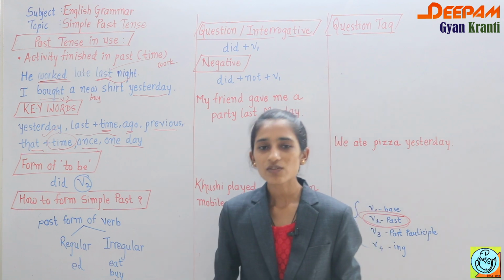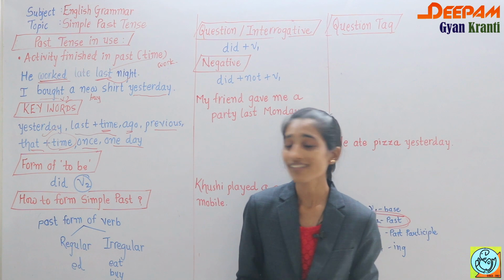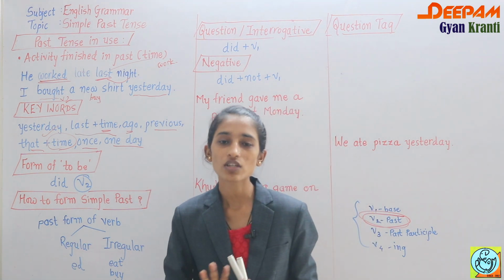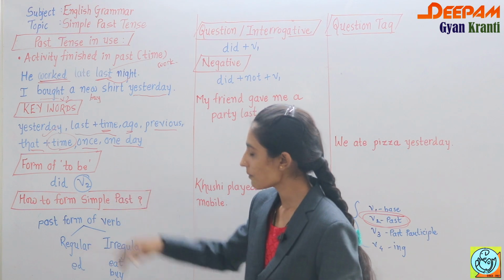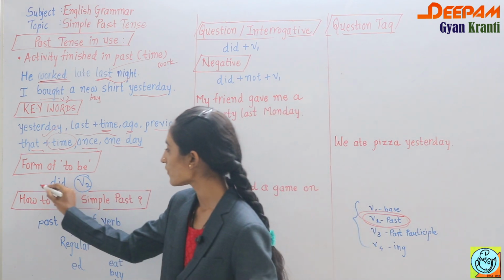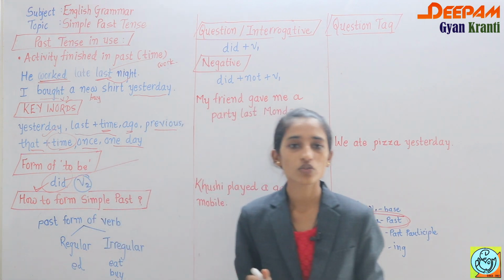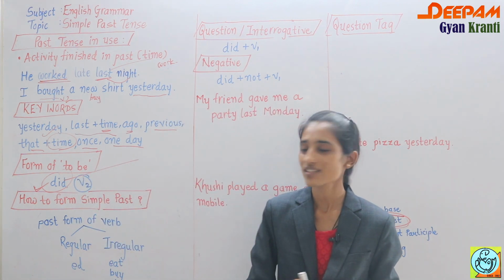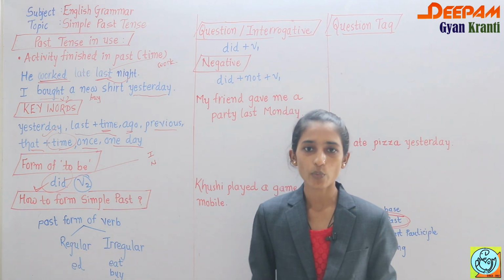Now as far as simple past tense is concerned, I already told you that to be forms are very important. Which is the to be form here? Here the to be form is did. When you want to change into an interrogative or negative sentence, did is required.